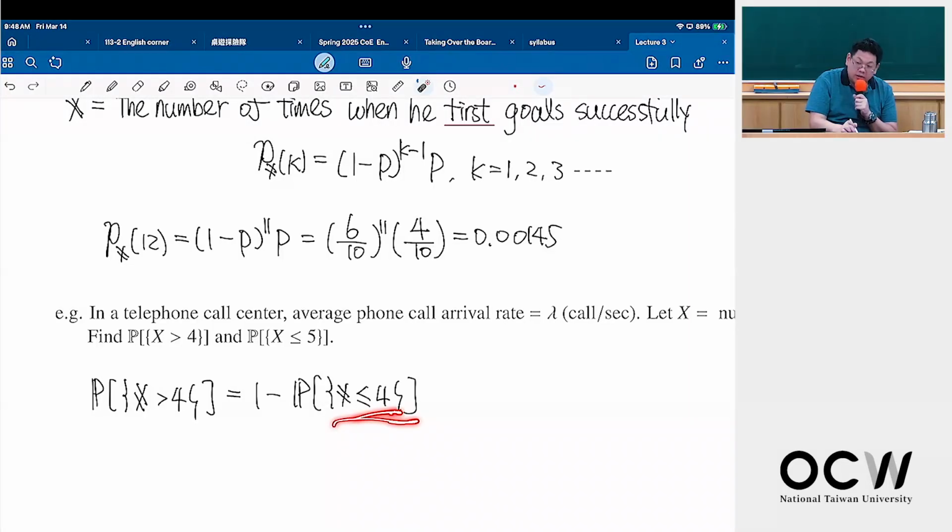That means it's either 1 call, 2 calls, 3 calls, or 4 calls, or maybe 0 calls, right? Because it is discrete. You get a phone call, either 1, 2, 3. You cannot get 1.5 calls.